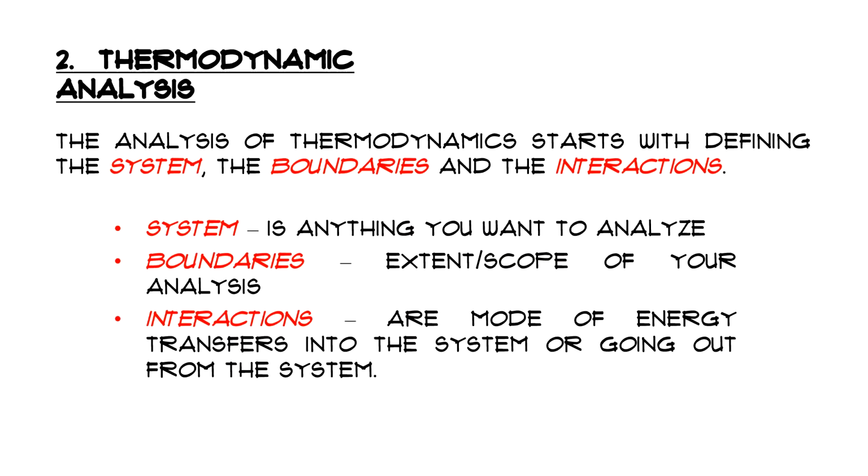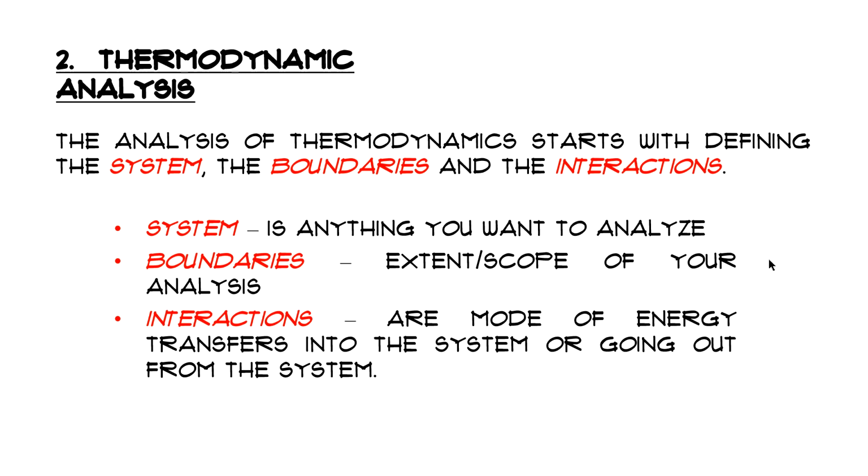Okay, so next one is the thermodynamic analysis. Since we are interested in analyzing the system, or let's say the devices, in terms of the energies and the transformation of energies, then we need to have some methods or idealizations on how to do the analysis.